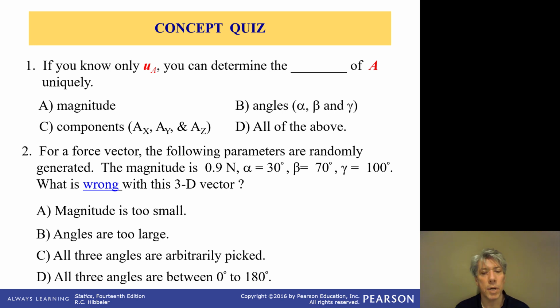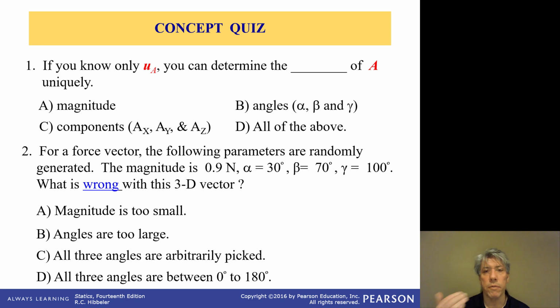The third option is that all three angles are arbitrarily picked. Yeah, that might be a problem. How about all three angles being between 0 and 180? Well, no, they're supposed to be. So C would be the answer by elimination. But how would we prove that it's wrong? Remember, cosine of alpha squared plus cosine of beta squared plus cosine of gamma squared should equal 1. If you grab your calculator and check, you'll find that's not the case here. Alpha, beta, and gamma are dependent upon one another.